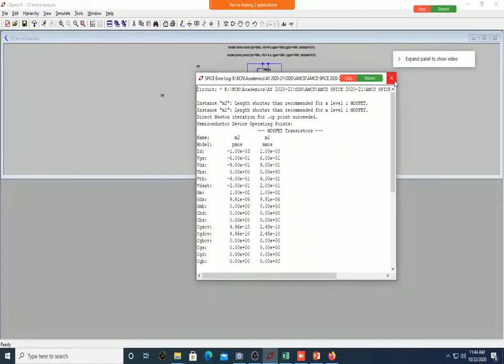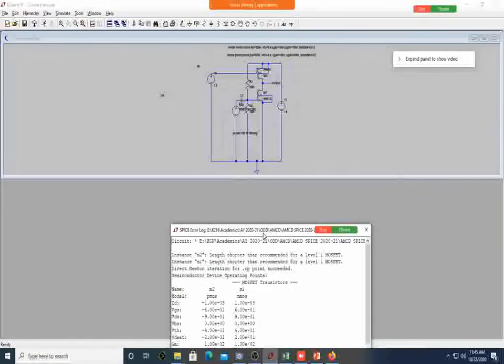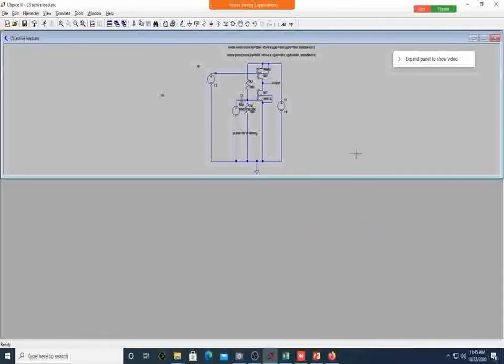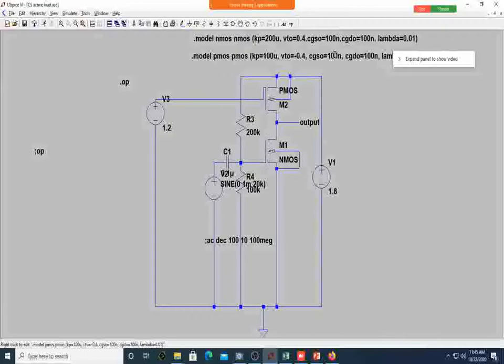How much is r0? 1 divided by ID, ID is 1 milliampere, correct?